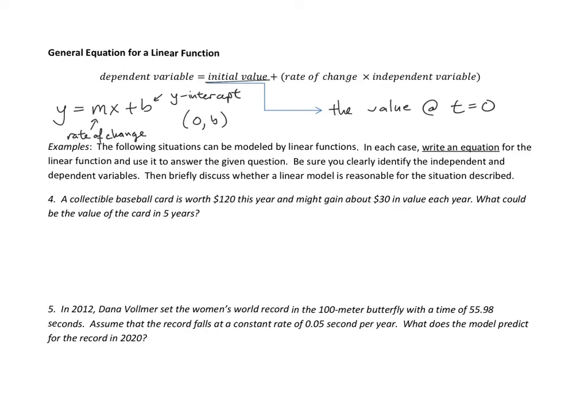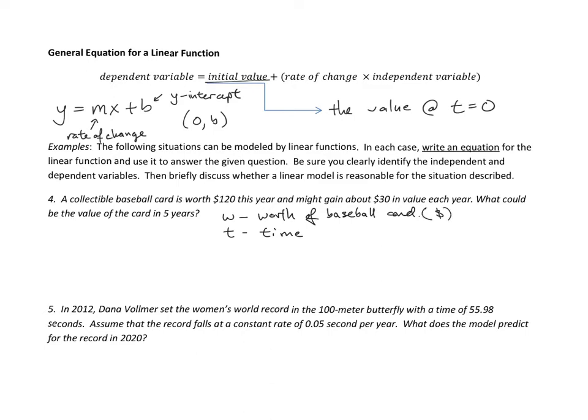So, we have the collectible baseball card is worth $120. Why don't we use W to be the worth of the baseball card? And why don't we let T be our time? And again, we would use units here.